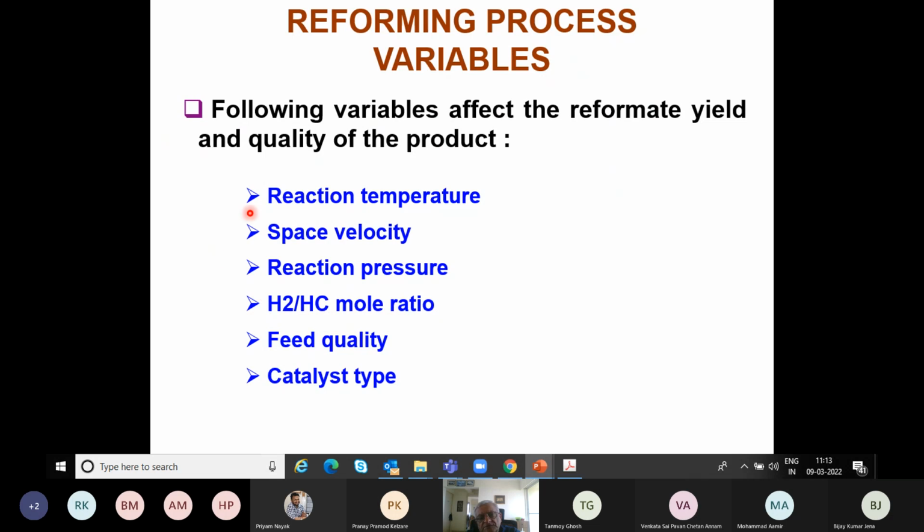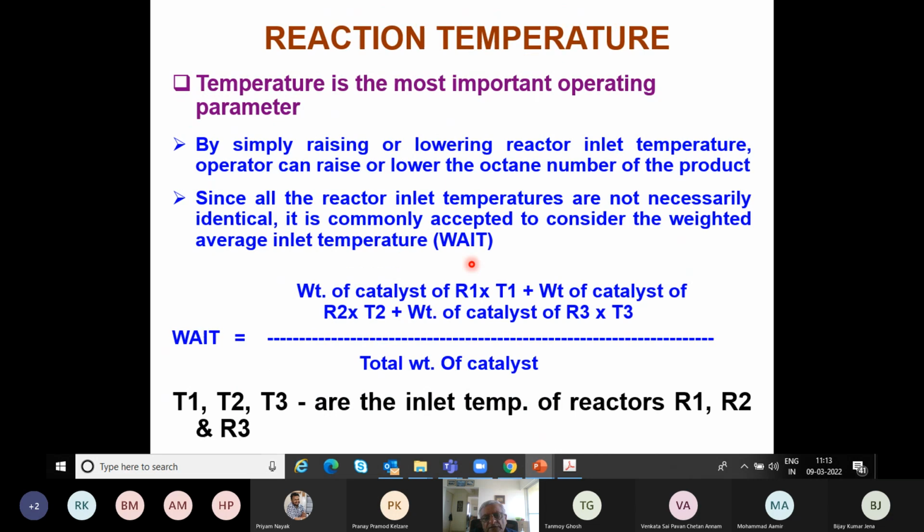If you look at it from an operational point of view, there are only four variables. Here again, the operator doesn't have much play in terms of the reaction pressure and space velocity, because the space velocity is more or less decided by the throughput. If you put higher throughput, the space velocity comes down and so on and so forth. So we went through all that.